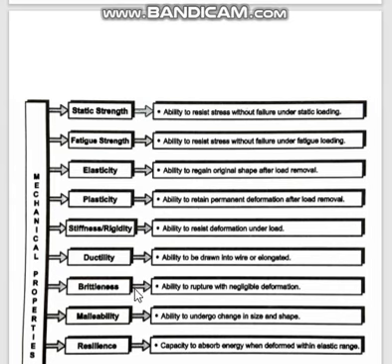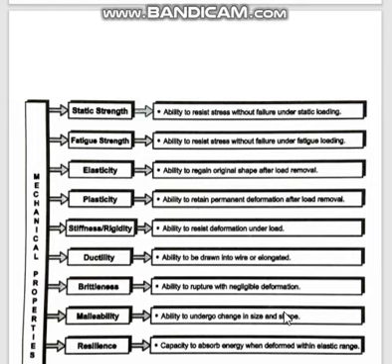Then we have brittleness. A material is brittle when, hit with a hammer, it breaks into pieces, like glass and cast iron. It is the ability to rupture with negligible deformation. Next is malleability.